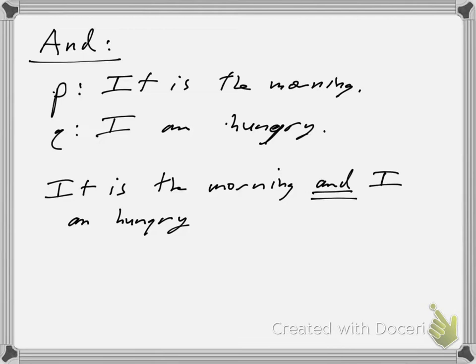So the question is, what's the symbol I use for and? Well, the symbol in logic for and is an upside down V like that. Kind of weird. You just got to get used to these symbols. That's the symbol for and.